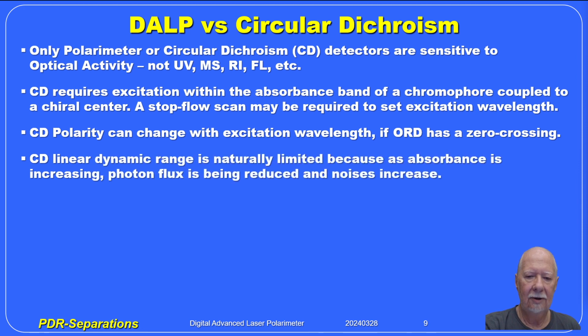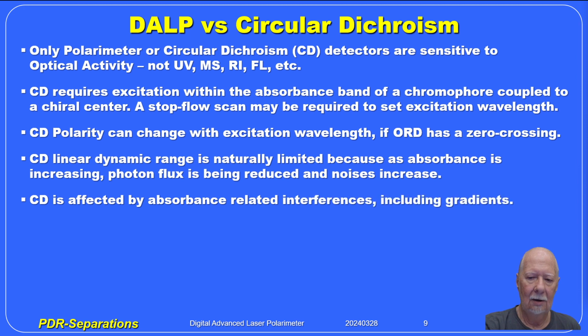The linear dynamic range is naturally limited in a CD because as the absorbance is increasing, the photon flux is reducing and the noises increase. CD is affected by absorbance-related interferences, including gradients.